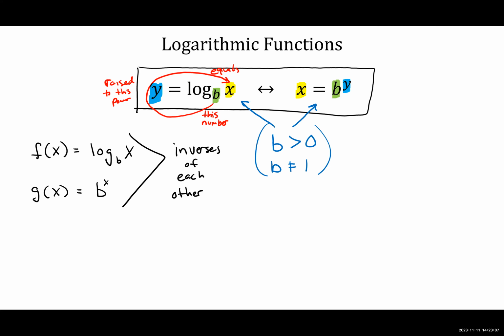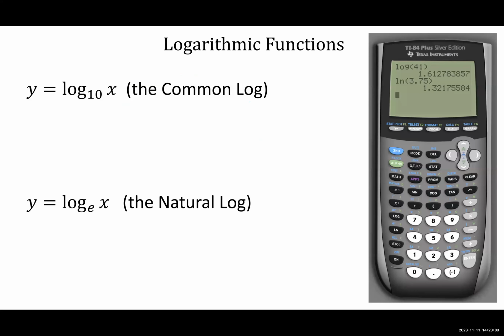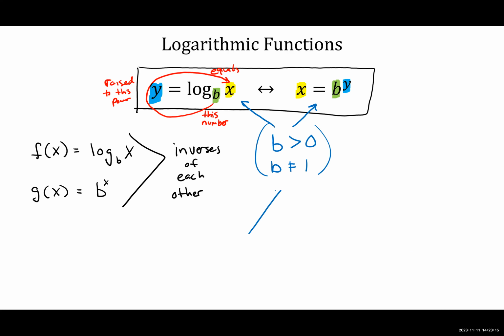Okay, so let's do a problem or two. Before we do so, let me go back here. So stick with the base, right? There's going to be a couple of values for B that are more useful, more commonly used, hold more significance than other numbers, right?